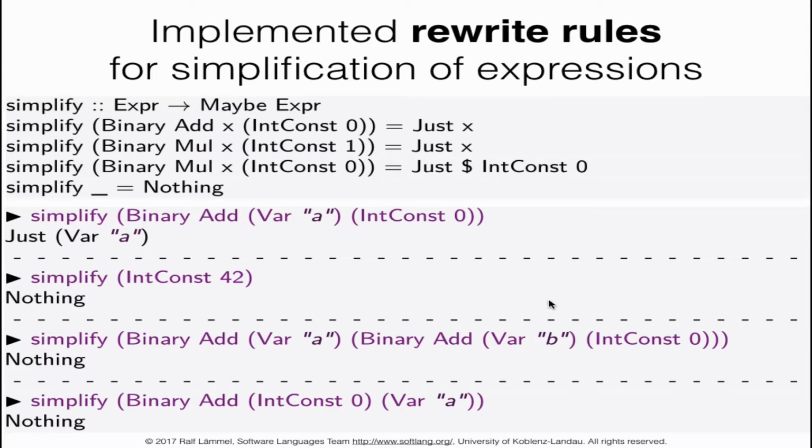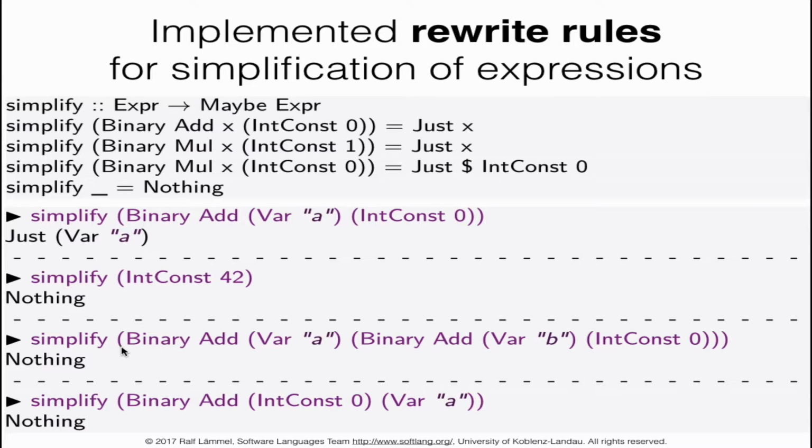Okay, so we can take the simplification rules for units and zeros of addition or multiplication, and we can turn them directly into a function from Expr to Maybe Expr, because these rewrite rules in a sense can apply or not. So we always have to have a catch-all case, which goes to Nothing. And down here we see how simplification succeeds or fails for different reasons for given expressions.